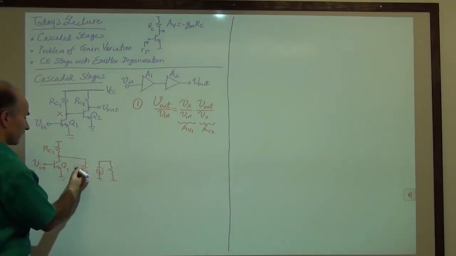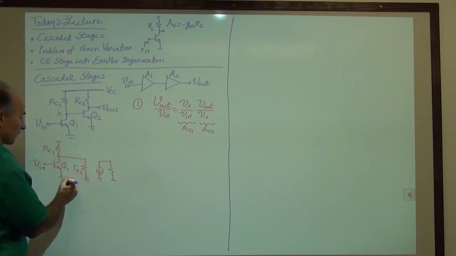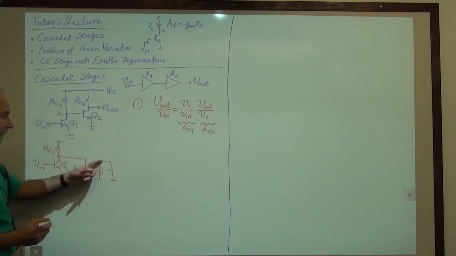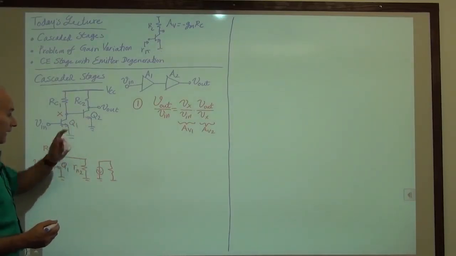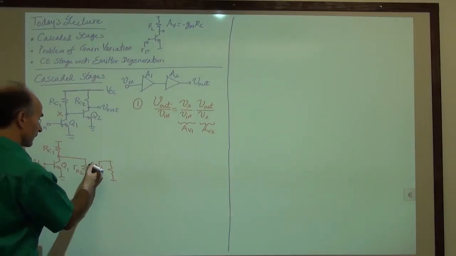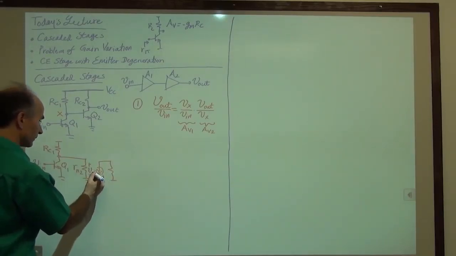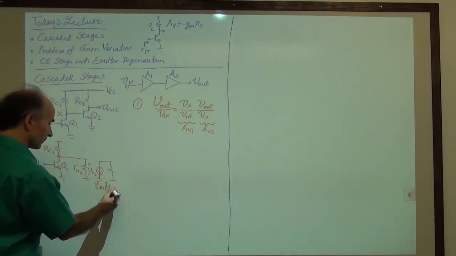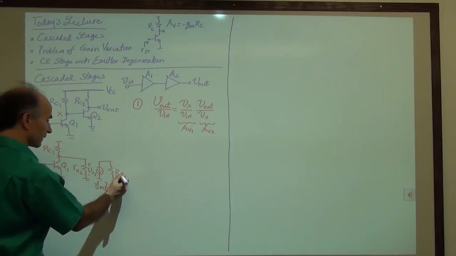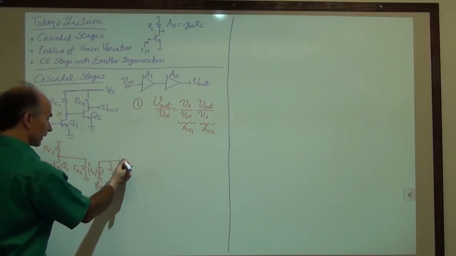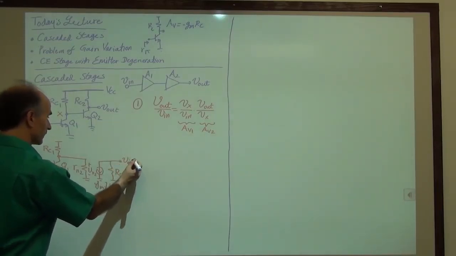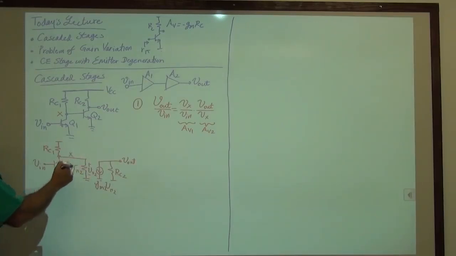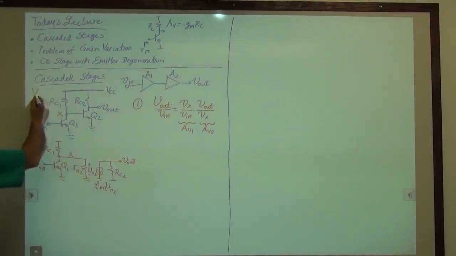And this is R pi 2 to distinguish it from R pi 1. This is the small signal model of the second transistor. This is V pi 2. And then this current source here is GM2 V pi 2. And then this resistor is RC2. And this is the output. This is node X. And as usual, I'm assuming the Early voltage is infinite.